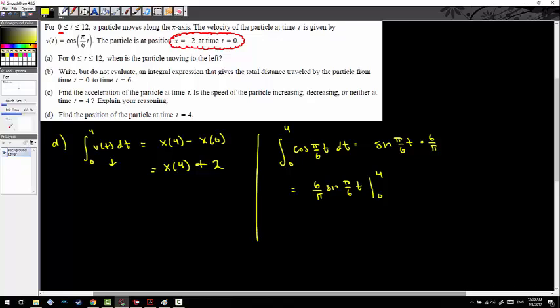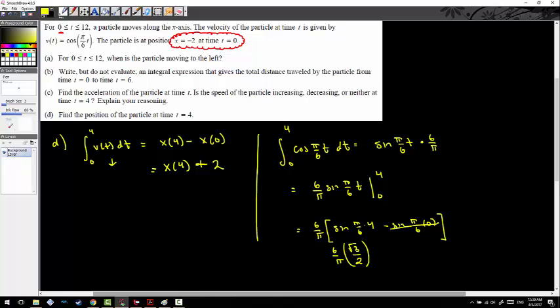So we've got to evaluate this thing. I've got 6 over pi, that's just a constant, and I'm going to evaluate sine of pi over 6 times 4 minus sine of pi over 6 times 0. Well, this guy's gone, because sine of 0 is 0. Sine of 2 pi over 3 is rad 3 over 2.